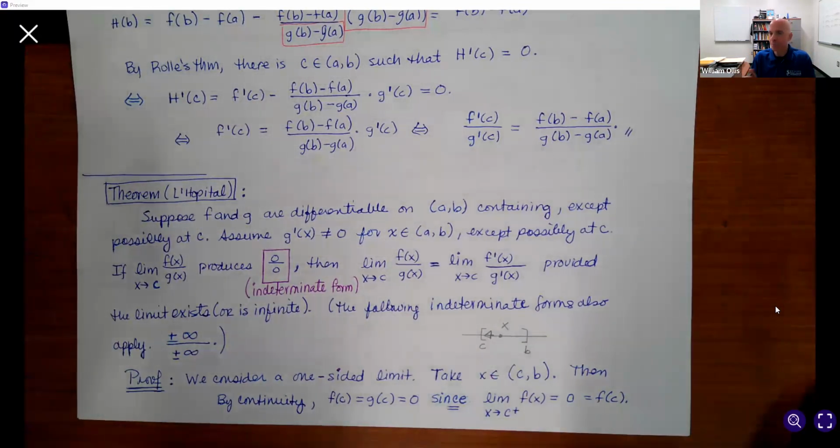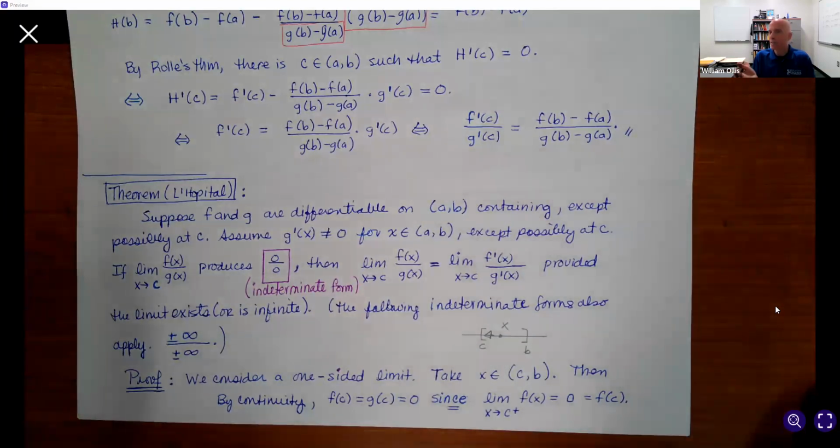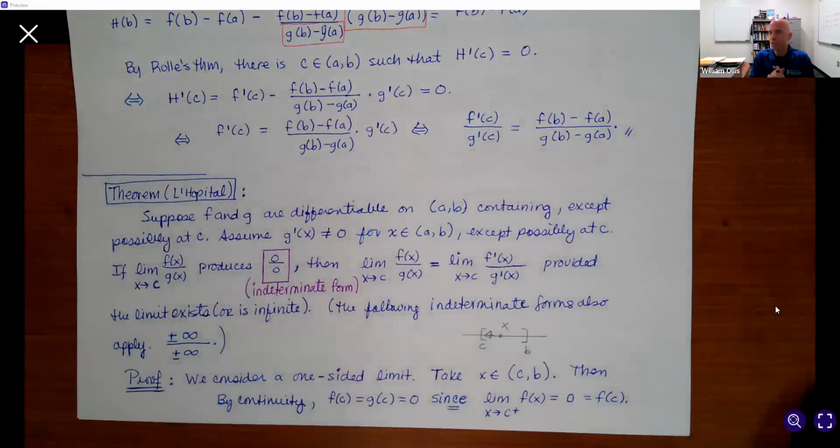Now, what we want to do, and you're thinking, how do we verify indeterminacy? Well, it's just that substitution method. When you're working with limits in calculus 1, you're thinking if you've got continuity at c, it's just mere substitution. But when you do the substitution and you end up with an infinite limit, which is again something different, a vertical asymptote, or you have the 0 over 0 or infinity over infinity, that's clear.